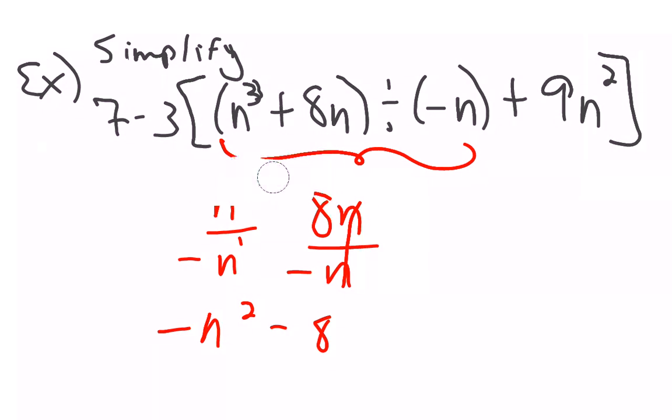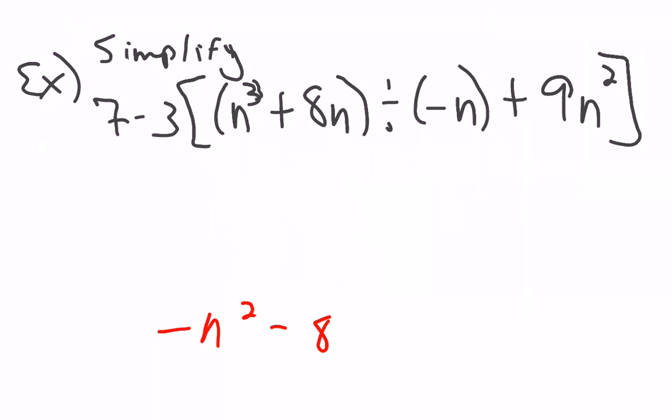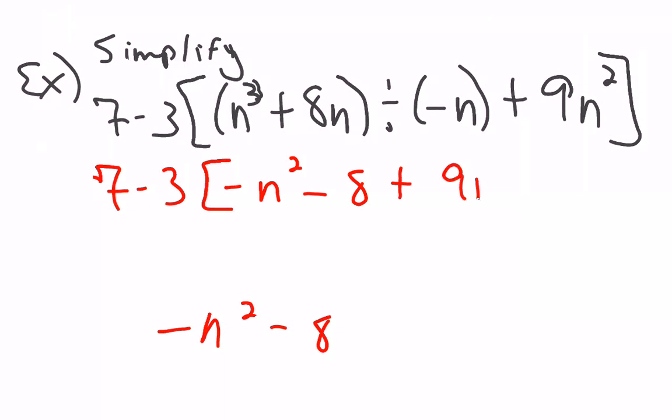All right. Give us more room to work here. So what do we have? We have 7 minus 3 times negative n squared minus 8 plus 9n squared. Okay, now let's see what's next.